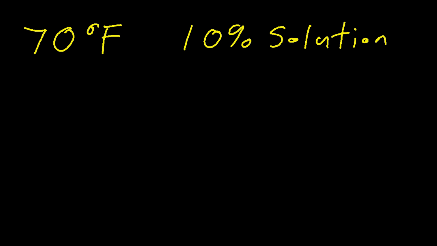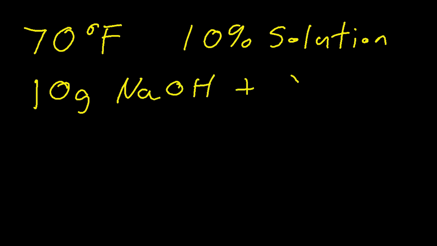It doesn't really matter how much we make, but just to give us some place to start with the math, we'll mix 10 grams of NaOH plus 90 grams of H2O. That'll be very similar to what you did in your lab. And the question that we have is, how hot is the resulting solution from preparing that mixture?